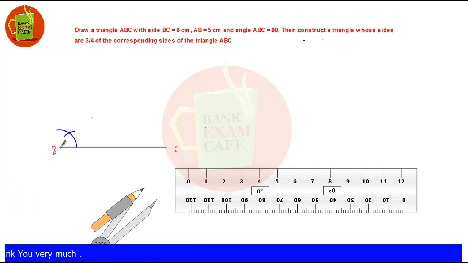Now draw a line from point B passing through this point of intersection, and this is an angle of 60 degrees.